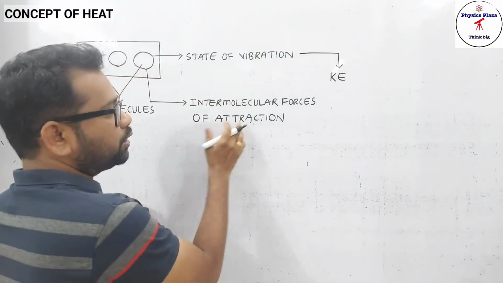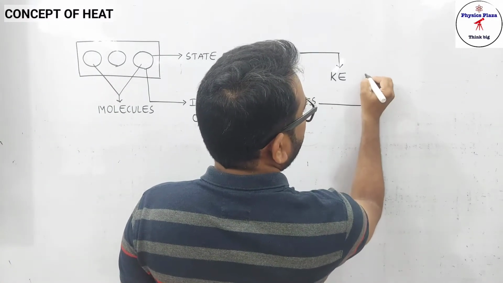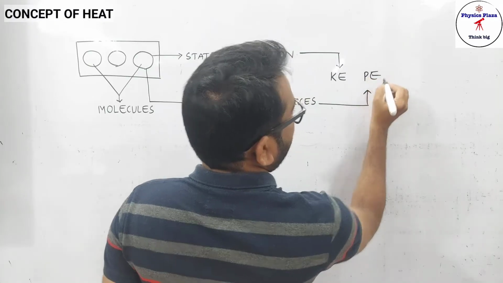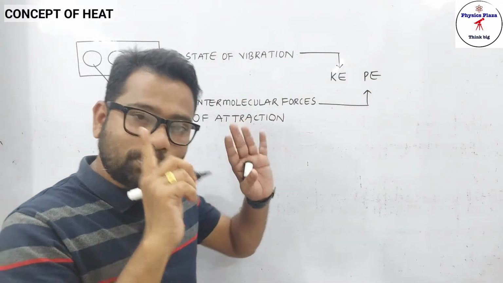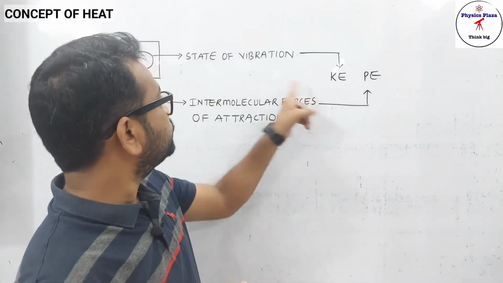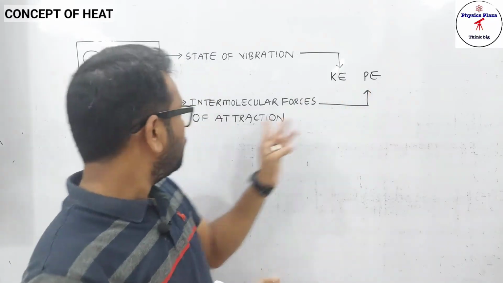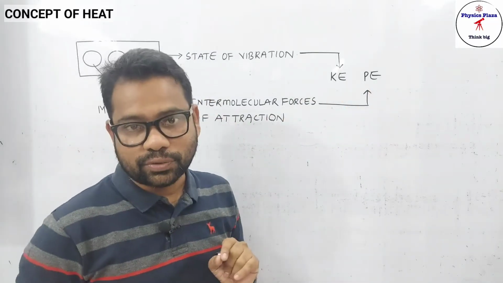Due to the intermolecular force of attraction, each molecule will possess potential energy. Every molecule has potential energy as well as kinetic energy. Kinetic energy is due to the state of vibration, whereas potential energy is due to the intermolecular force of attraction.